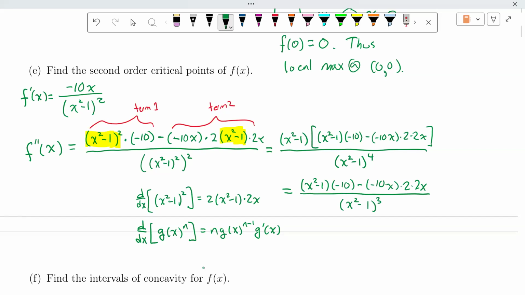There we go. How do you like that? I mean, I guess you don't have to like it. You just have to do it. Okay. So that is the second derivative.